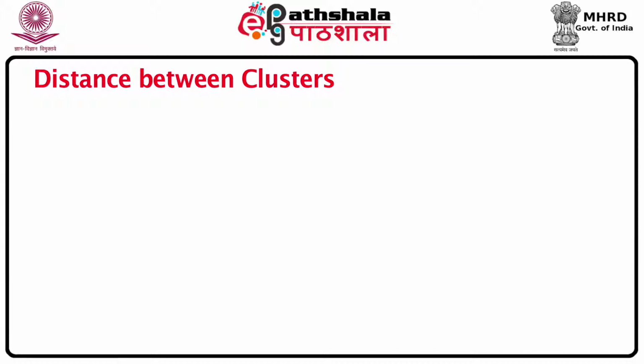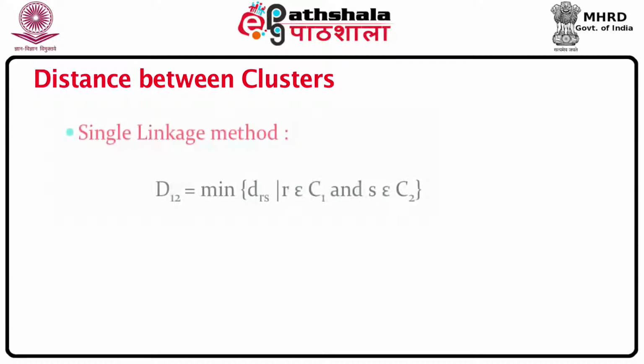A cluster may be composed of n1 individuals, another cluster may be of n2 individuals. So how do you define the distance between these two groups? There are various ways of doing this. The simplest of them is referred to as the single linkage method, which is the minimum distance between individuals in the two clusters.